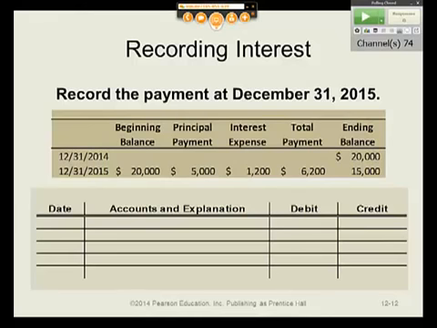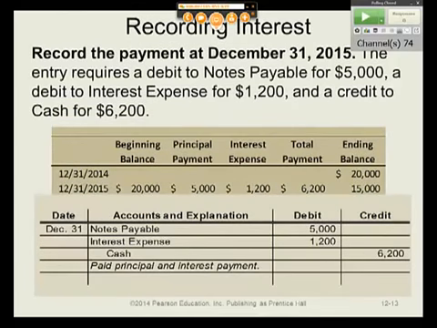So the journal entry that you would have to make here would be to debit the notes payable for the $5,000. You would debit interest expense for $1,200, and the cash credit is going to be $6,200.